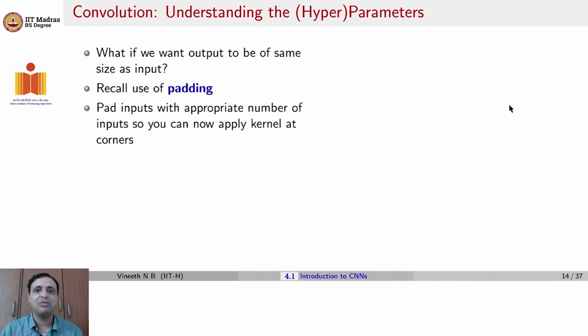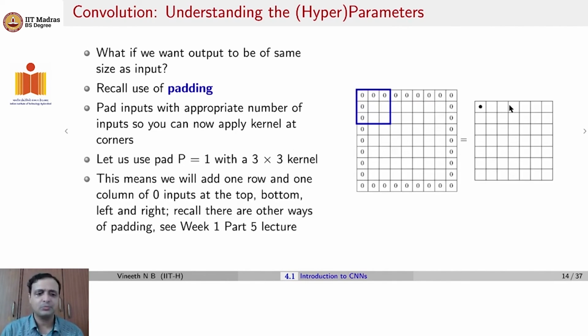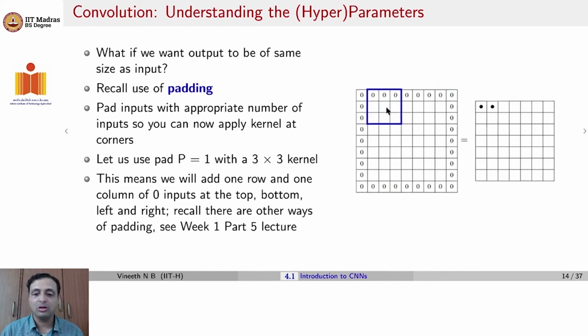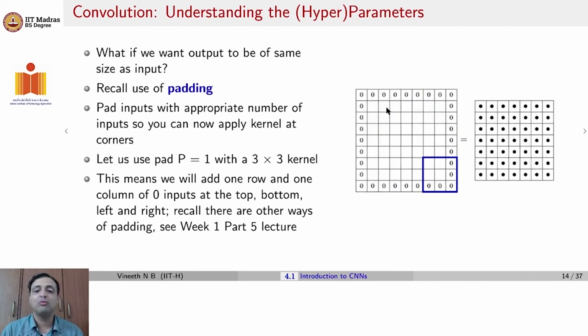That way you can convolve even the boundary pixels. Now you would have something like this. So your 7 by 7 becomes a 9 by 9, and now you can place your kernel even at the corners as you convolve your 3x3 filter on this image, and your output remains 7x7 like your input image.